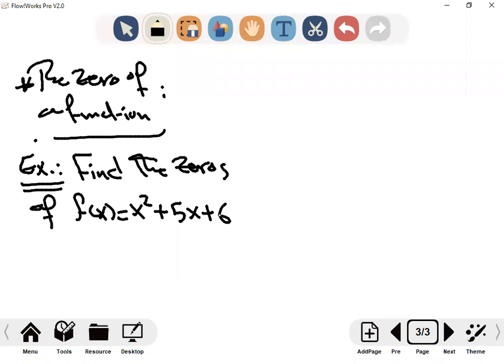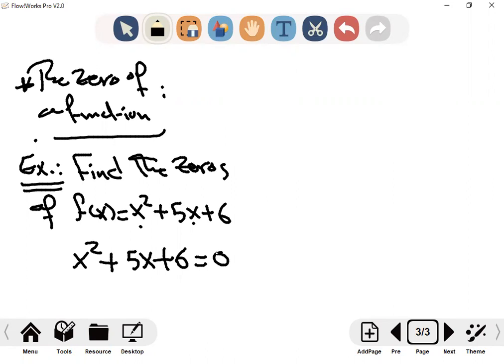The question wants us to find the zeros of this function. To find them, we make this function equal 0 and find x. We solve the quadratic equation, normal. So here we take x power 2 plus 5x plus 6 and put it equal 0. We factorize, then we solve, remember?